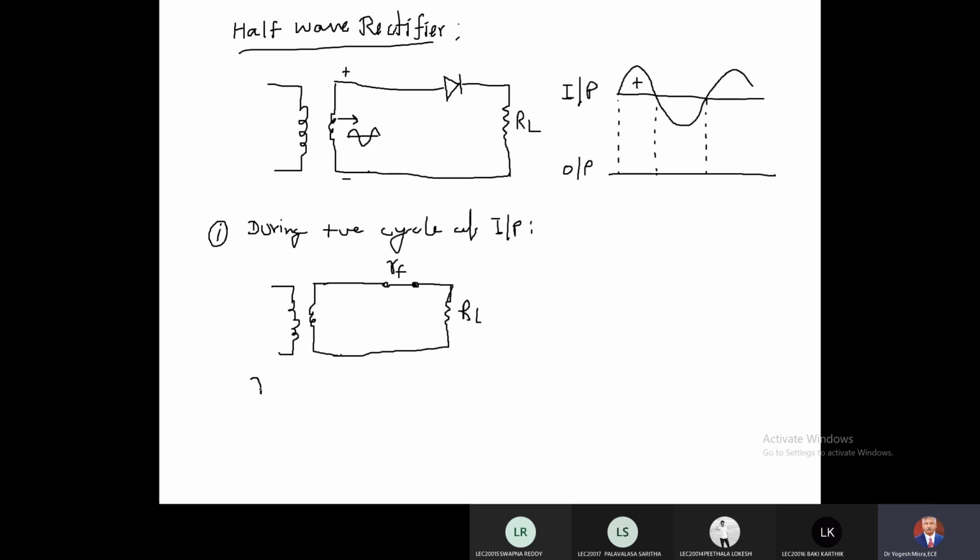So here this RF is the resistance of the diode under forward bias. Its value is small.